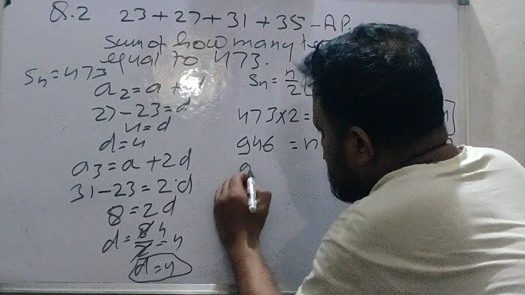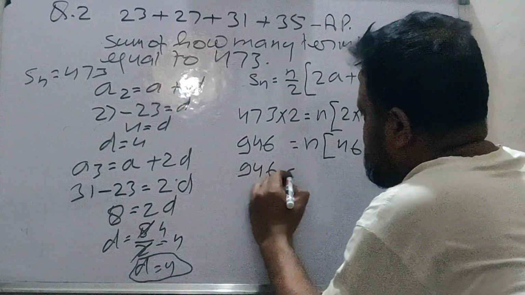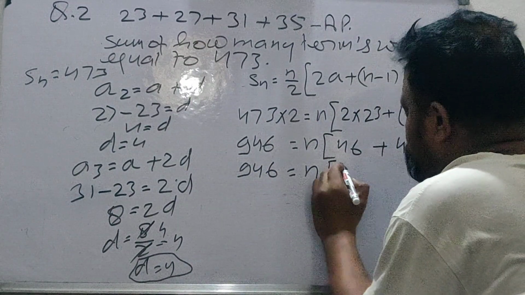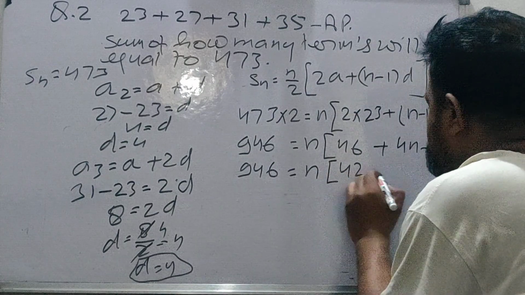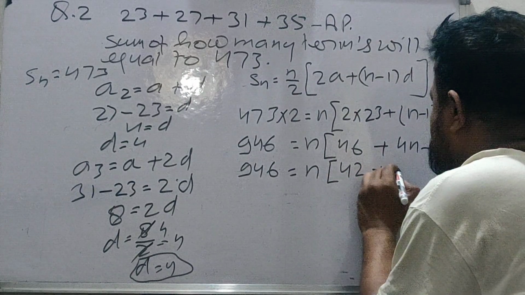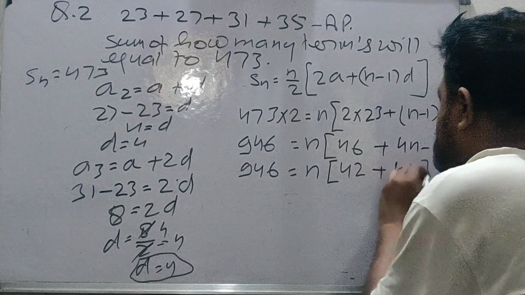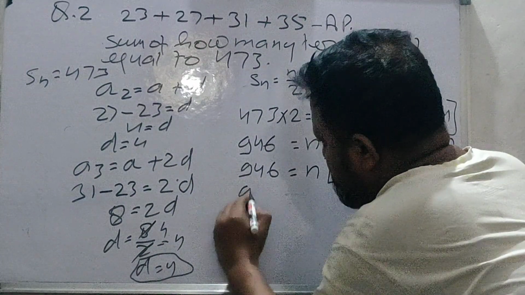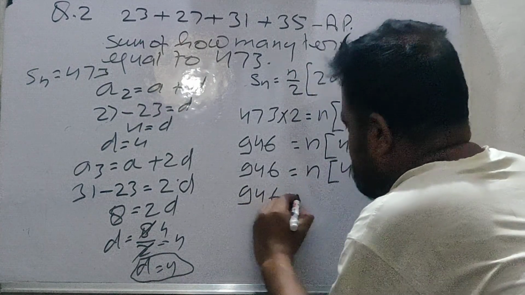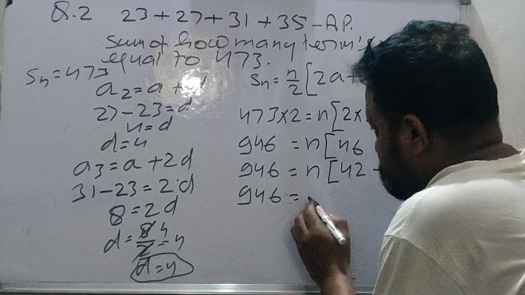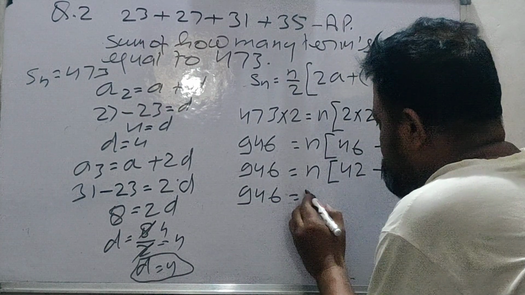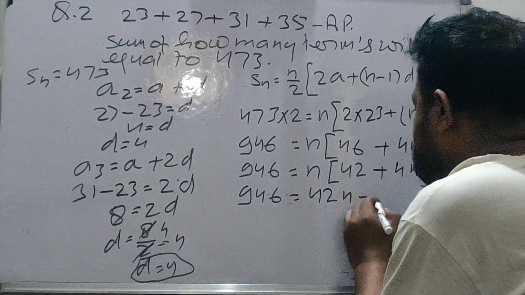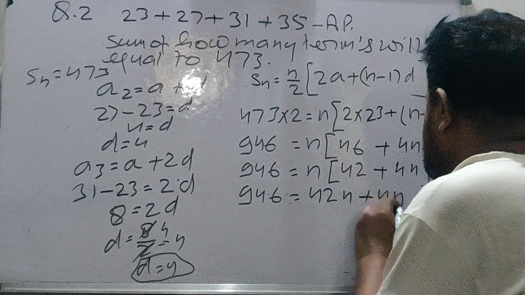So it becomes 946 is equal to n bracket 42 plus 4n, or we can write it as 946 is equal to 42n plus 4n square.